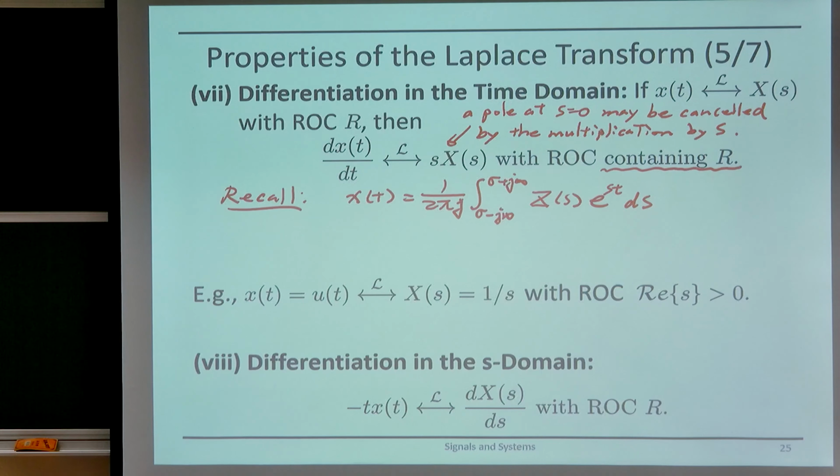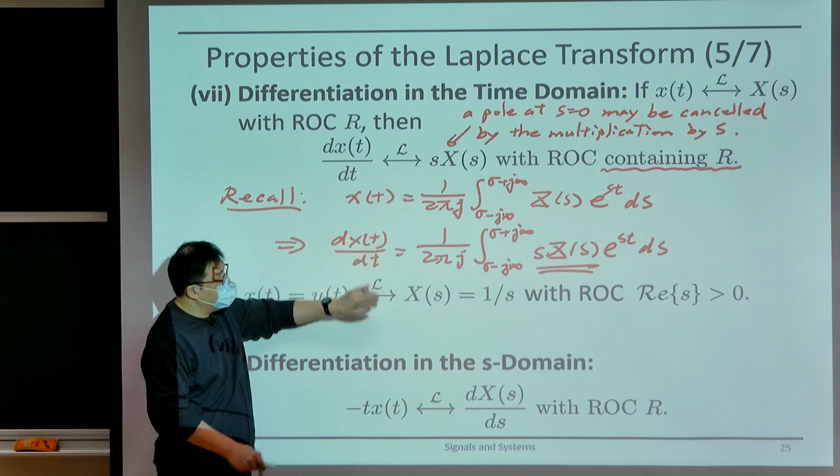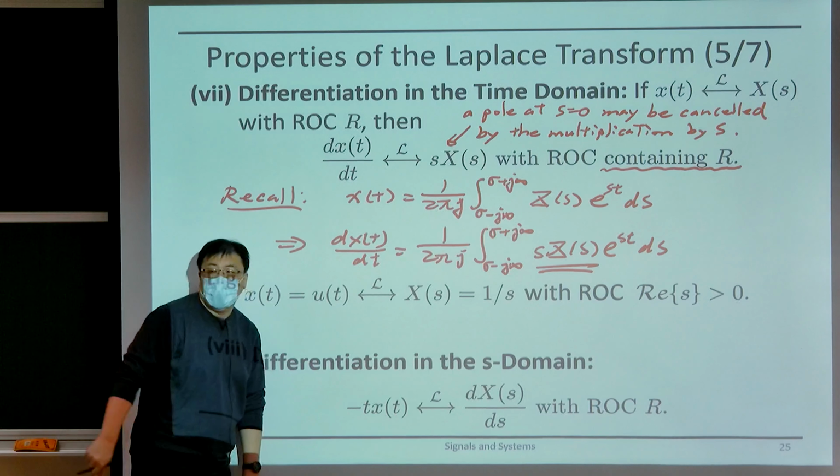So the derivative on the left is equal to 1 over 2 pi j times the integral of s X of s times e to the st ds. You can see here that the Laplace transform of this derivative is s times X of s.